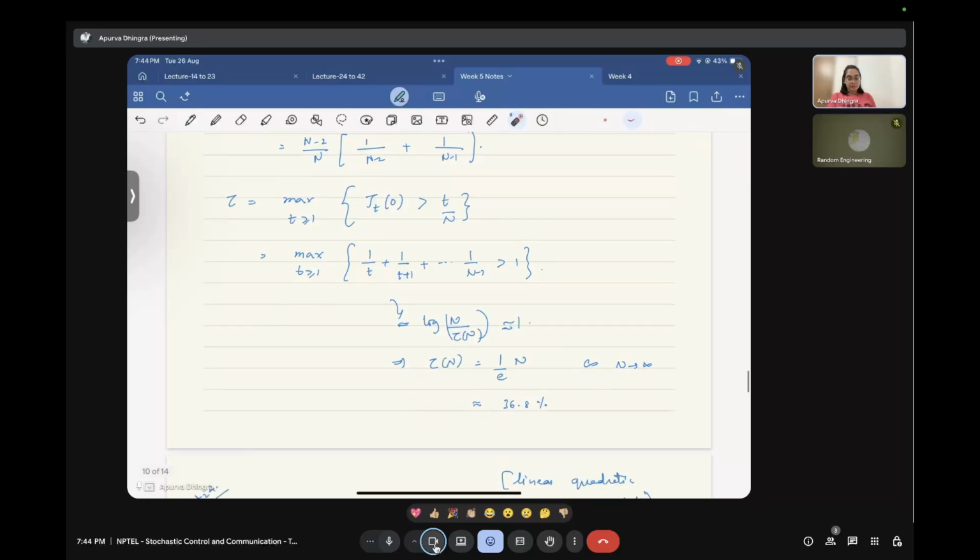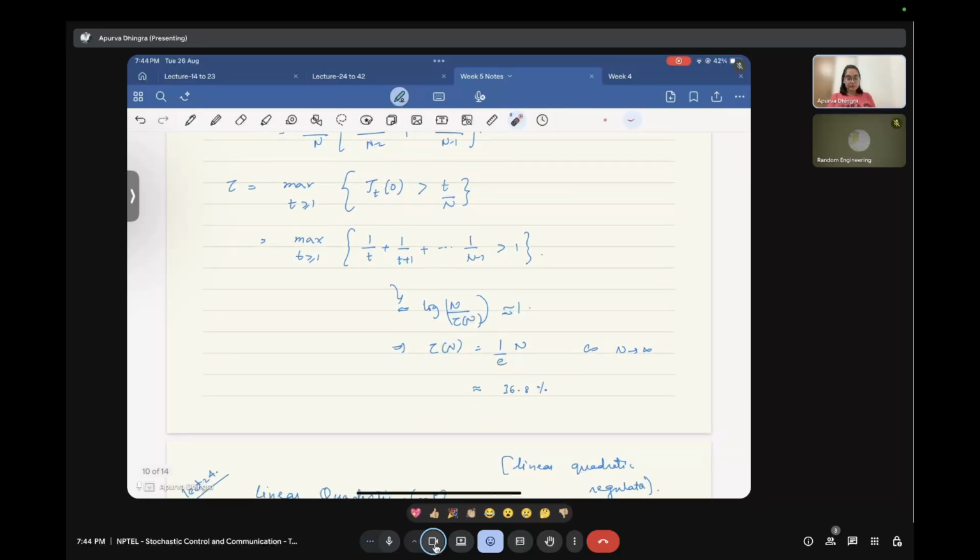Anyways, at the end of the proof, it also talks about what should be the rough value of tau, or any t greater than 0, for which you would be in a situation where you should quit.